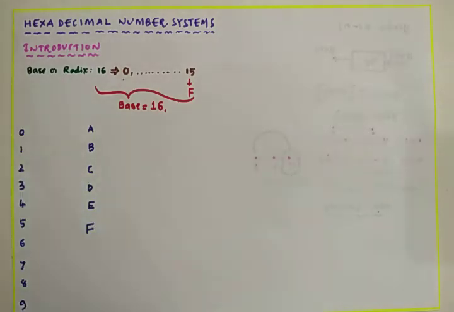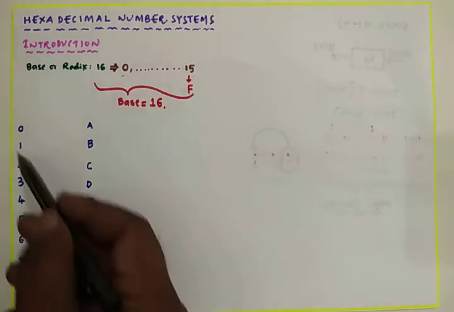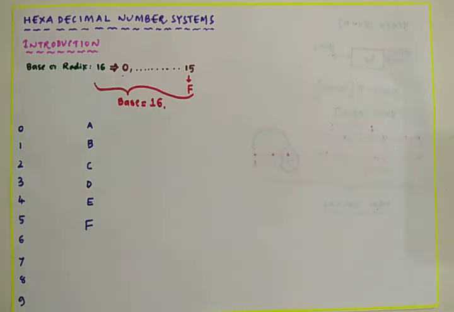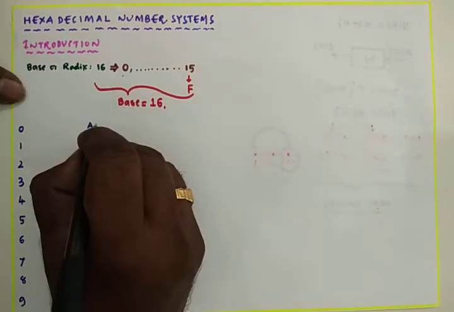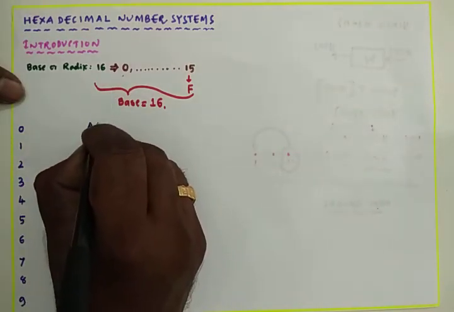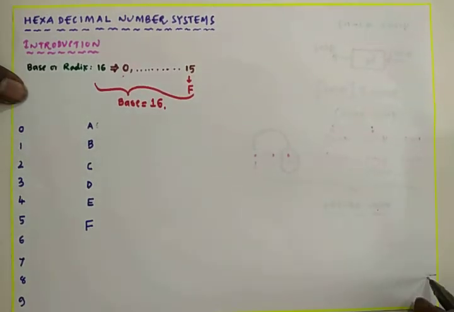Here we are going with one particular assumption. 0 to 9 are 10 different symbols, 10 different digits. If I go for 10, that is after 9, it is a combination of 1 and 0, so it is not a new digit. To avoid the confusion, we assign alphabets to represent the remaining 6 numbers.